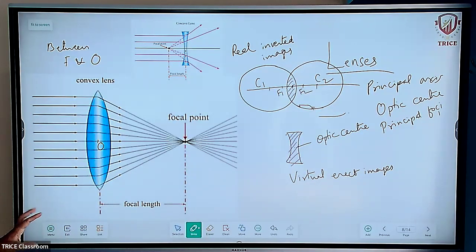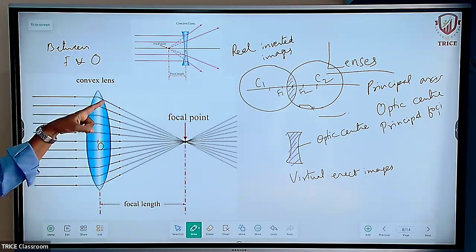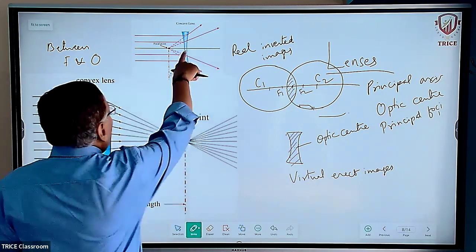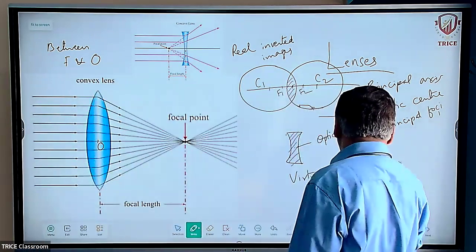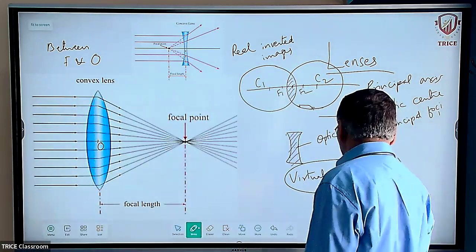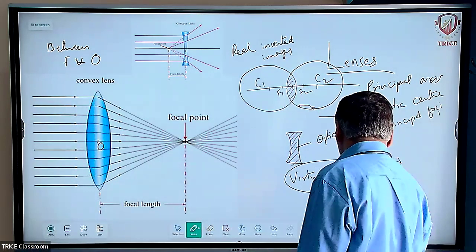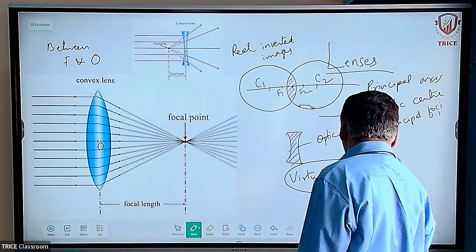Otherwise, you always get a real inverted image. But in case of a concave lens, you always get a virtual erect image, and that too diminished.